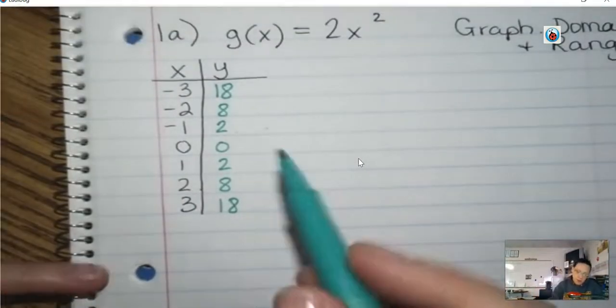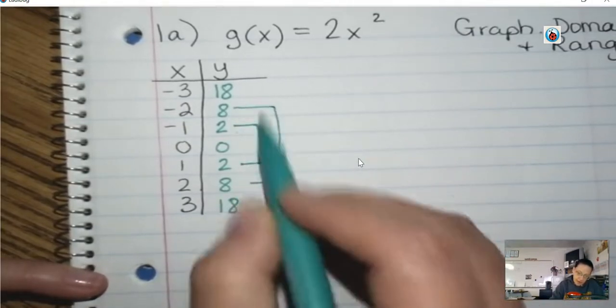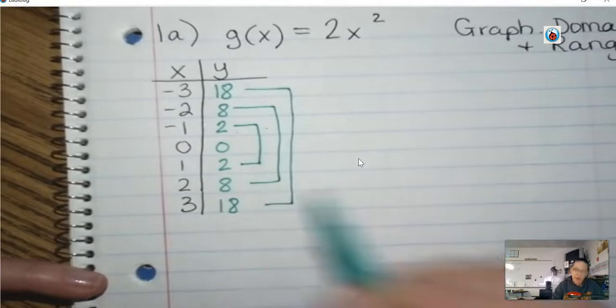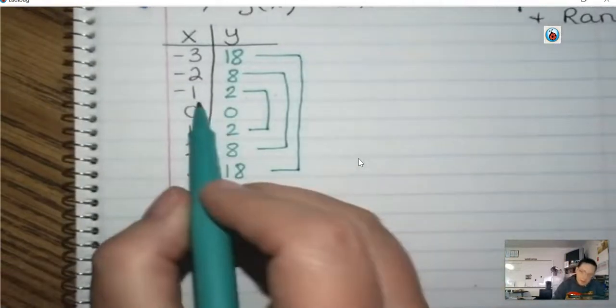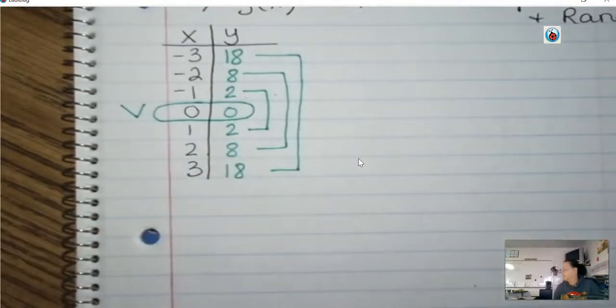So you should notice that 2 got repeated, that 8 got repeated, that 18 got repeated. The number that's not repeating, this is your vertex. Your vertex is the middle part, and then everything repeats on either side of it.